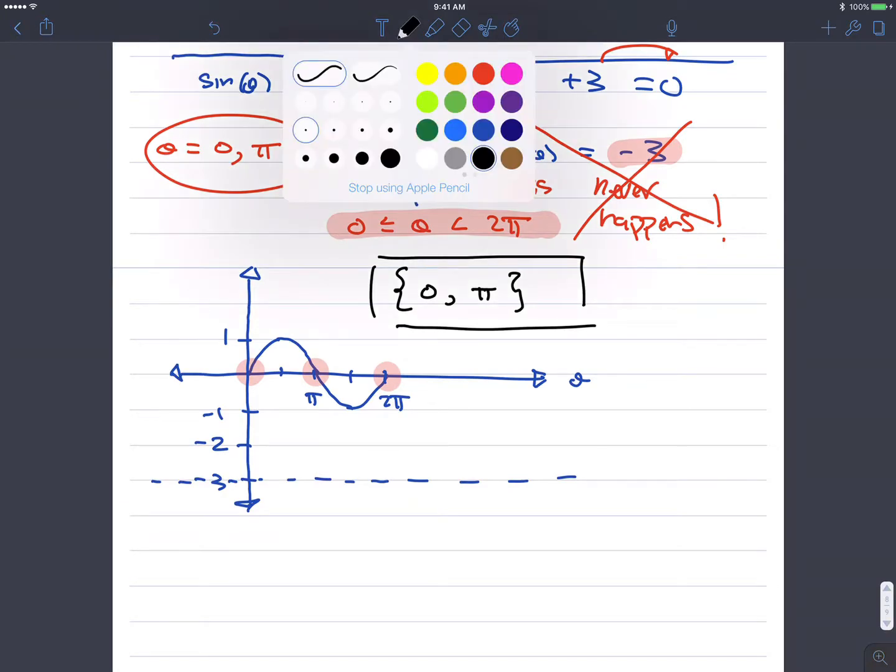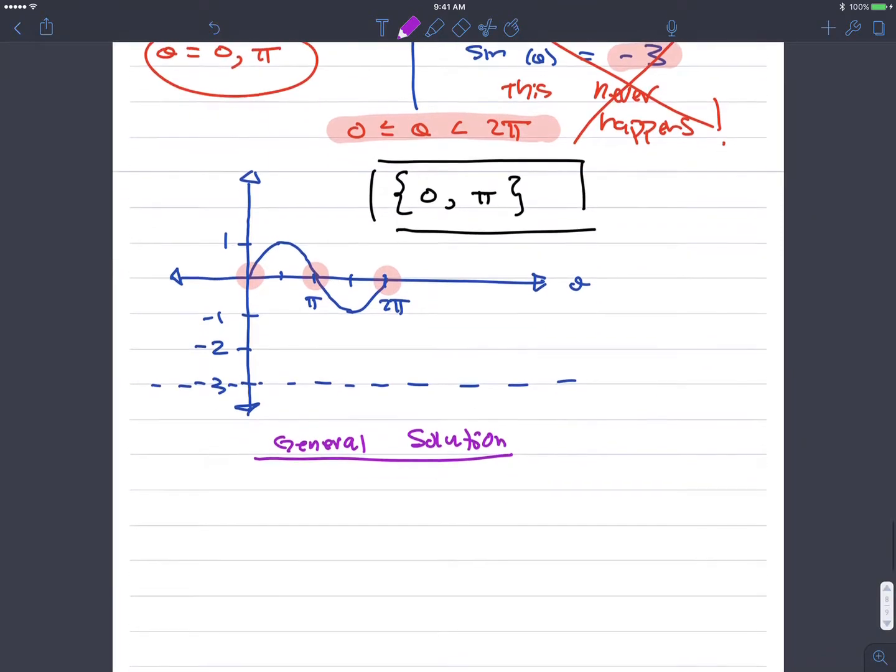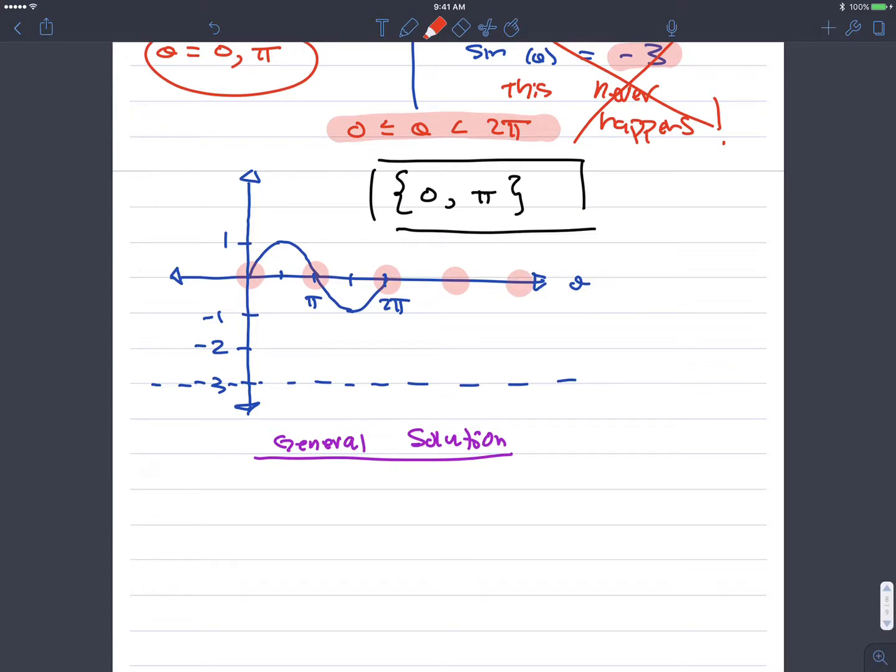And if you're awake, let's say this. What will your general solution look like? Anybody know what the general solution would look like? I have a value there, and to the left forever. Does everybody happen to know what these values will be?